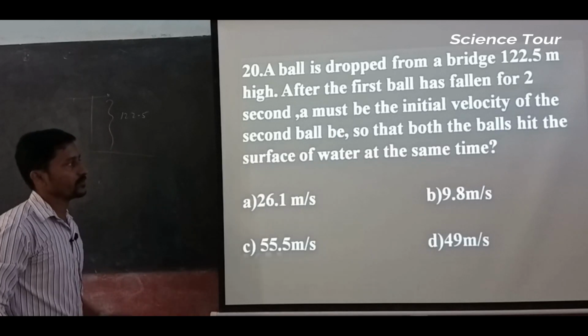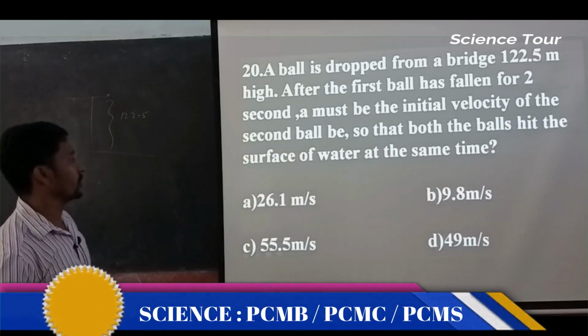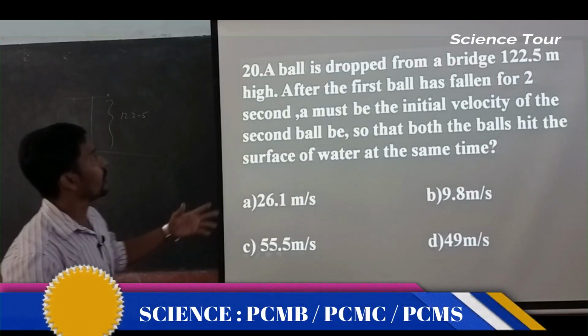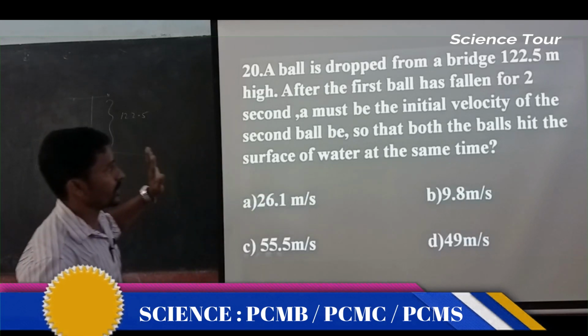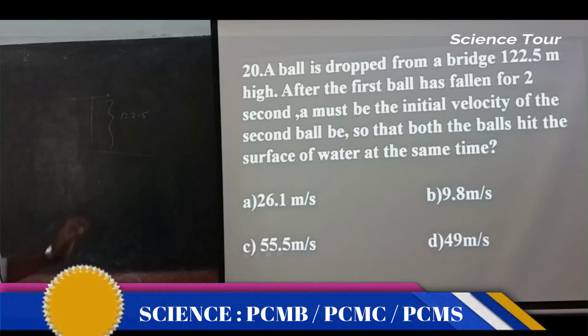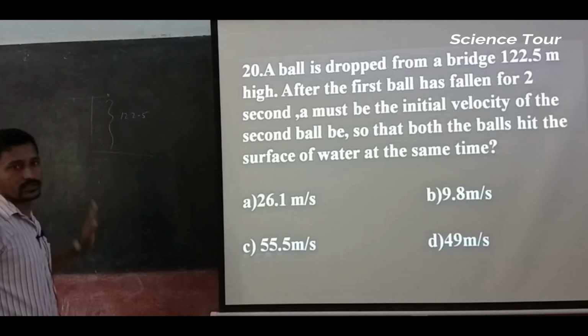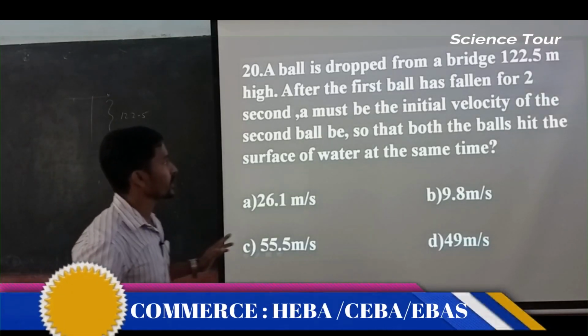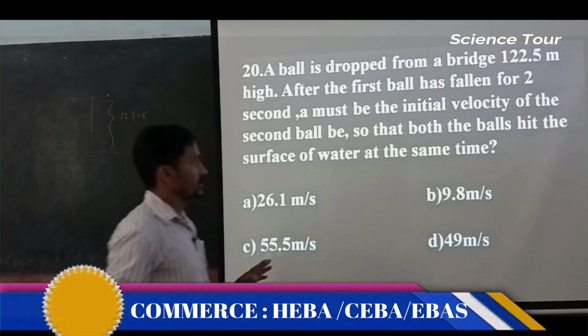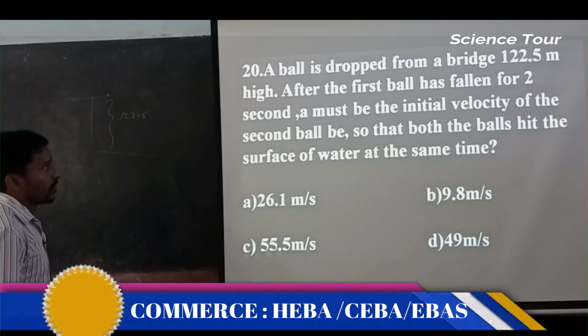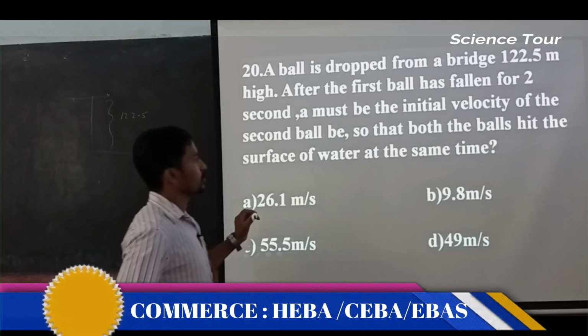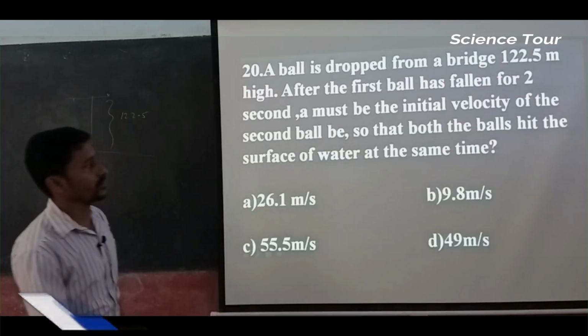There is some ambiguity in the question, so I am going to tell you what actually the question is. A ball is dropped from the bridge of 122.5 meter. After 2 seconds one more ball is dropped, and what must be the velocity of the second ball so that both balls hit the surface of the water at the same time.